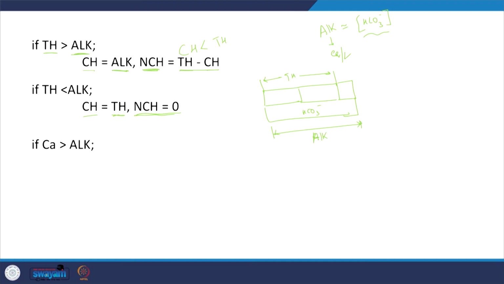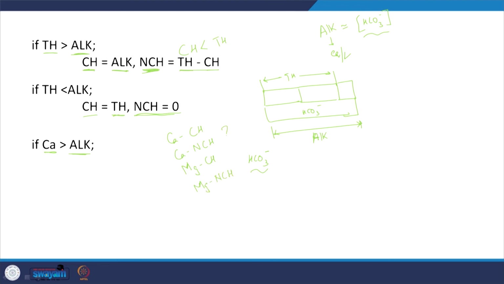Let us see, what is the case if calcium is greater than alkalinity, right. We have HCO3 minus. Now we were looking at carbonate hardness and non-carbonate hardness. Now we are going to start looking at calcium carbonate hardness or calcium non-carbonate hardness, magnesium carbonate hardness, magnesium non-carbonate hardness.